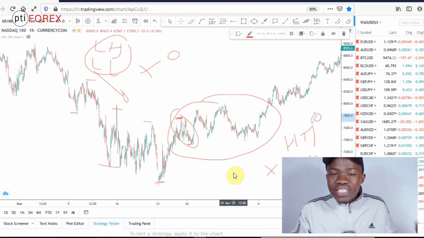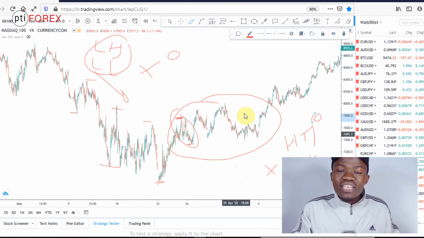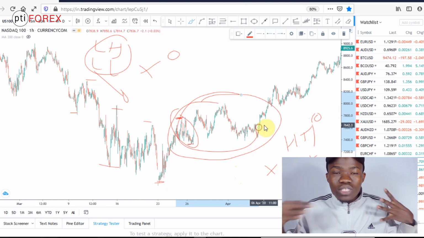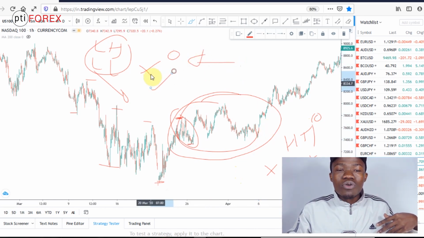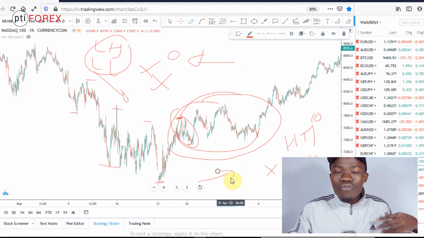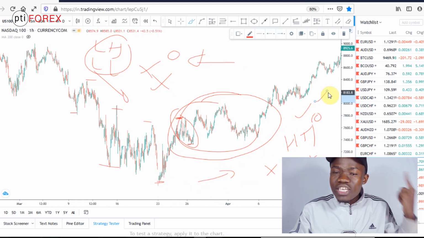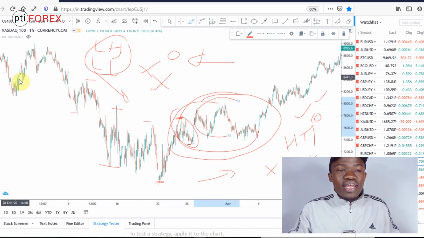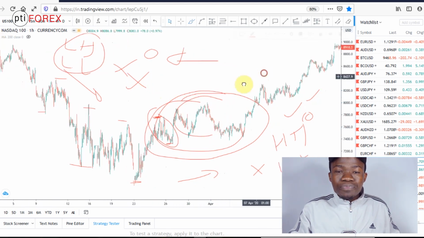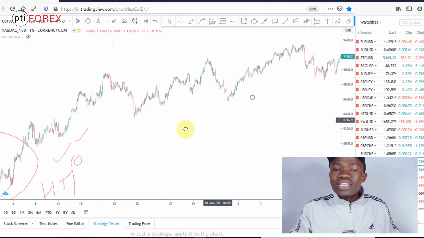So professional traders managed to make their entries around this zone because they were able to see that the pattern of a downtrend is now broken, and there is now a pattern of an uptrend, which is information. So they managed to take their buys around this zone, and as the price is moving all the way up, they are already taking their profits.